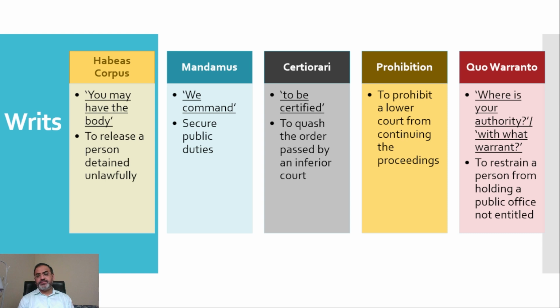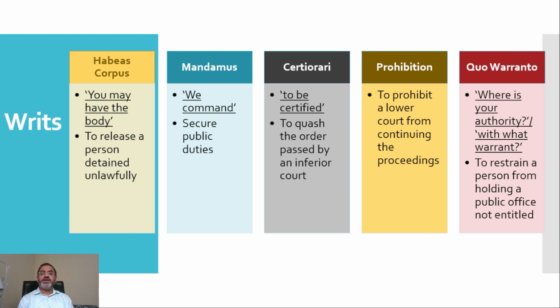So this is again an important remedy if what is going on in the lower court is something that the court ought not to have done, then in that case the superior courts exercising their certiorari right may actually quash the order passed by the inferior court.